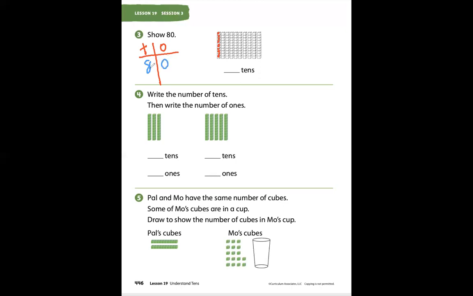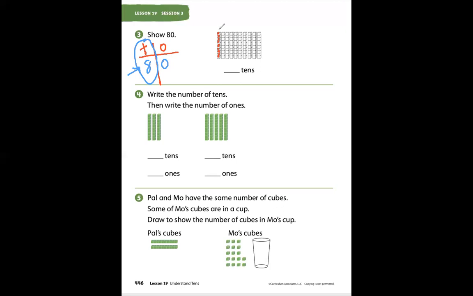So if we put our numbers in the correct place, it shows in the tens place there are 8 tens. The value of 8 tens is not 8. The value of 8 tens would be 80.